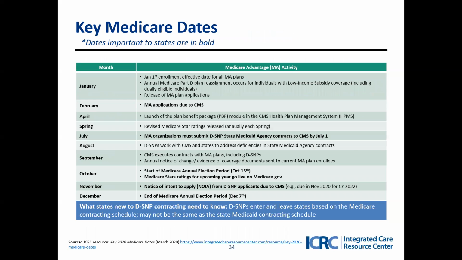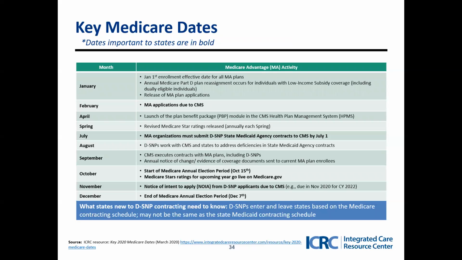So here are some key Medicare dates with some key events that are bolded, namely that Medicare Advantage applications are due to CMS in February. Medicare Advantage organizations must submit their SMAC contracts to CMS by July 1st. In October, the Medicare annual election period starts, and the Medicare STARS ratings for the upcoming year go live, with revisions to those STAR ratings released the following spring.